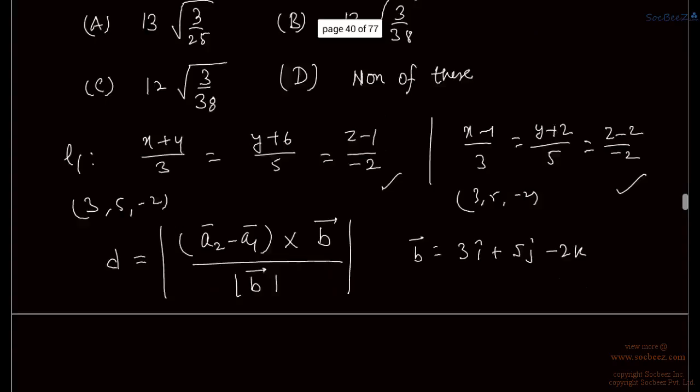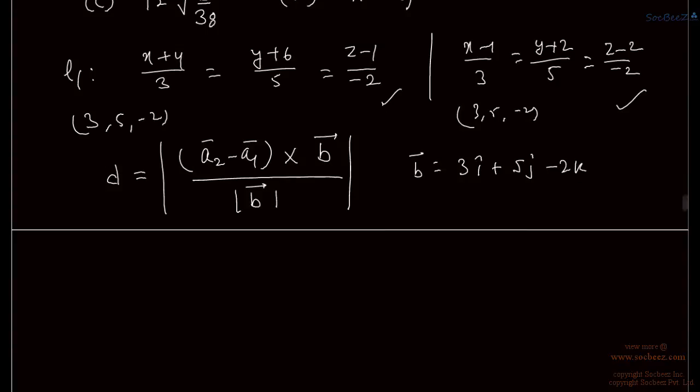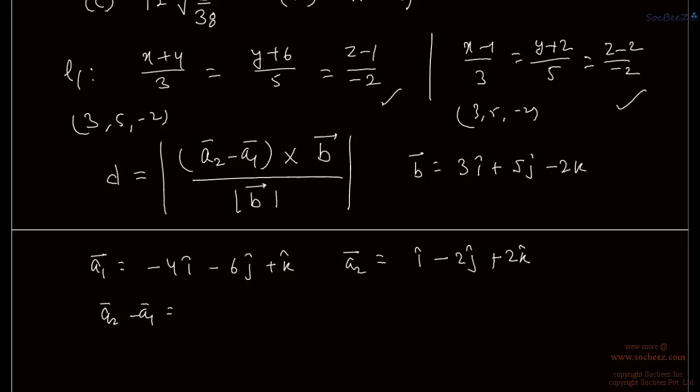Okay, and we have A1 vector as minus 4i minus 6j plus k, and A2 vector as i minus 2j plus 2k, right? So A2 minus A1 vector is given as 5i plus 4j plus k, isn't it?